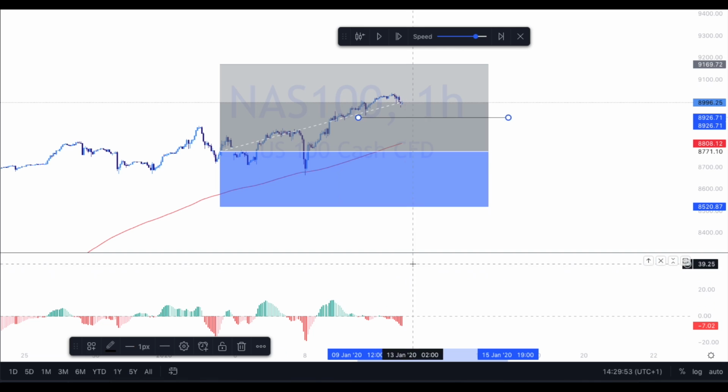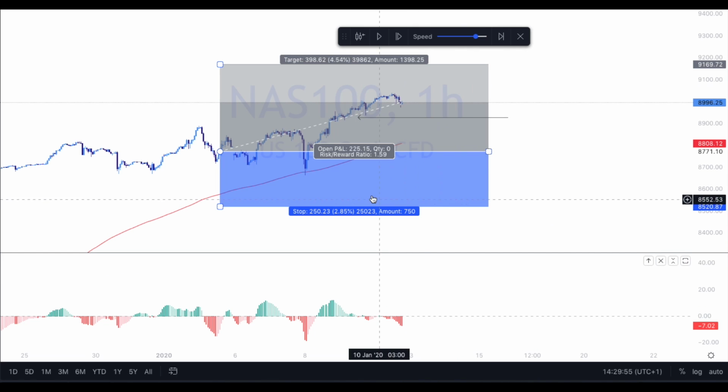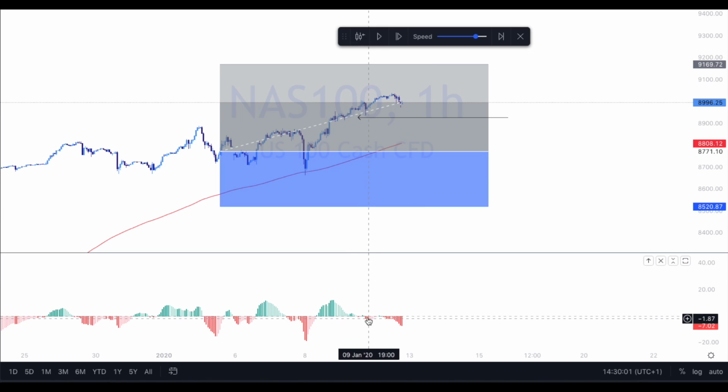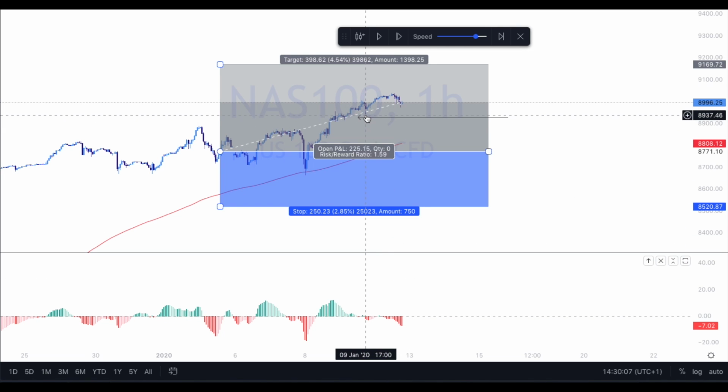So let me make this a bit smaller. Okay, so for example, this pullback over here is in relation to a nice red histogram on the MACD, right? So if you brought your trailing stop down here, more or less it would be an area where you would consider entering the market if you was comfortable to, like if you was just super ambitious to get into the market, right?